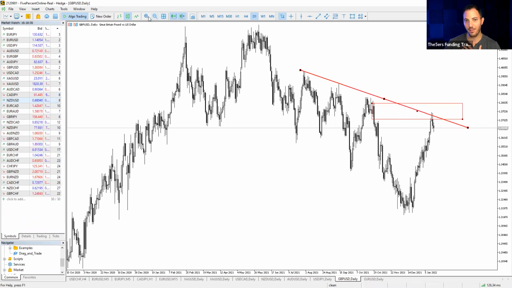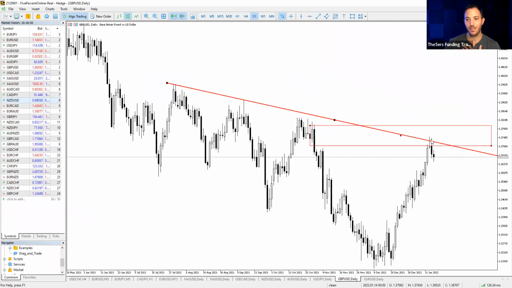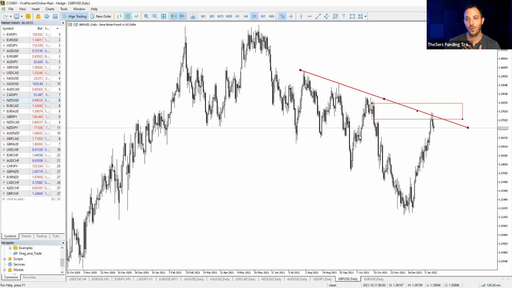There are pin bars and tails at the bottom, so we are trying to move lower, but we come from this very aggressive up movement, and down here we had the increase of interest rates in the UK that caused all this movement. So I don't expect a full retracement.